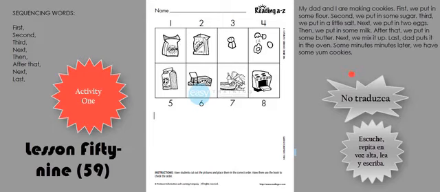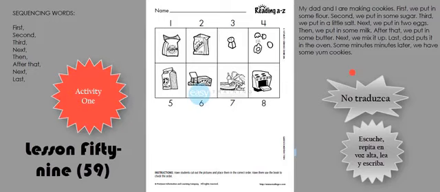Well, here is the text. Let's read it. My dad and I are making cookies. First, we put in some flour. Second, we put in some sugar. Third, we put in a little salt.